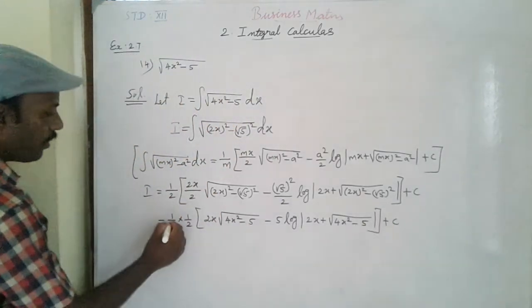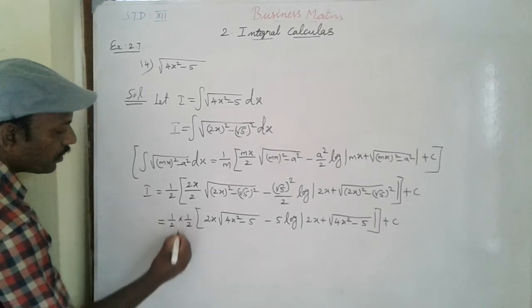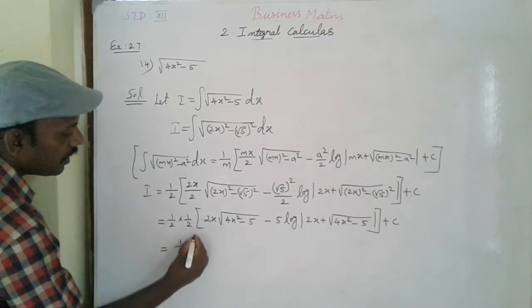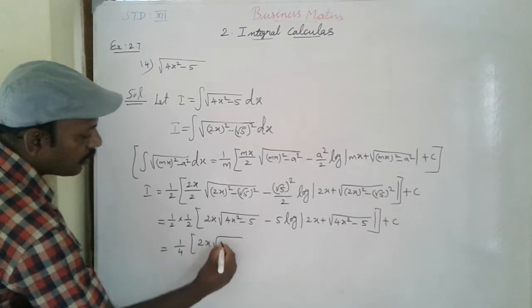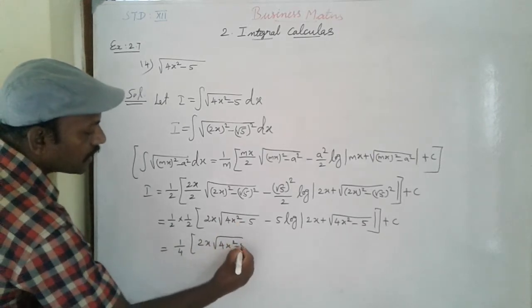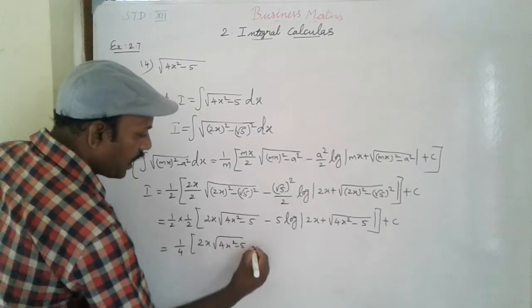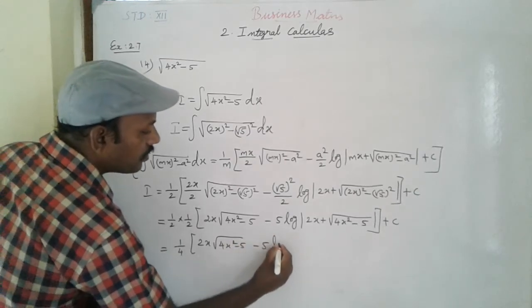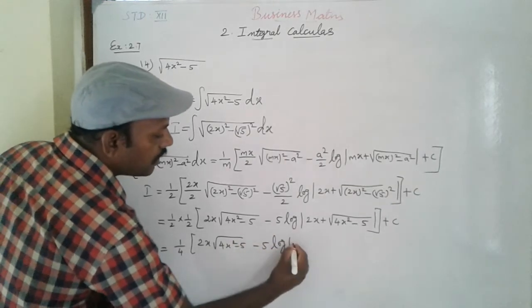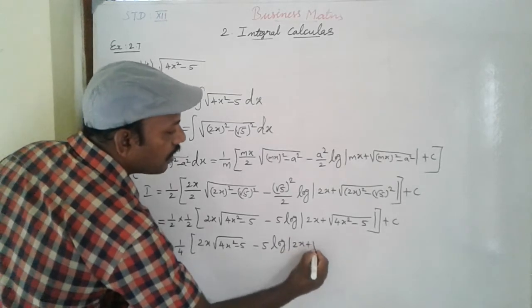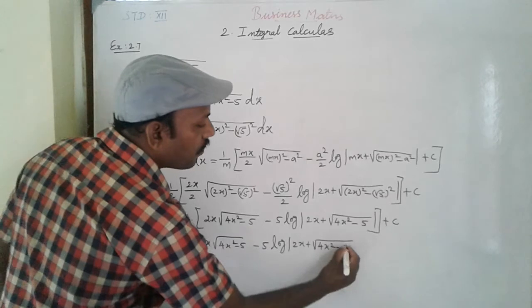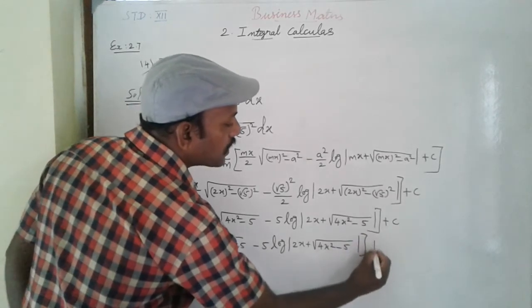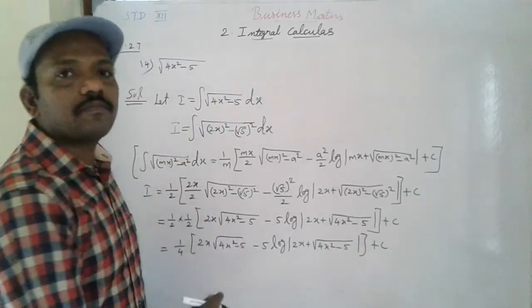So we should multiply this 1 by 2 into 1 by 2 is 1 by 4 into 2x root of 4x square minus 5 minus 5 log modulus 2x plus root of 4x square minus 5 plus c. That's all.